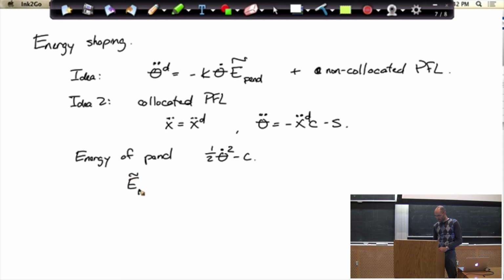So my error dynamics in my pendulum then just becomes theta dot times theta double dot plus theta dot sine theta.